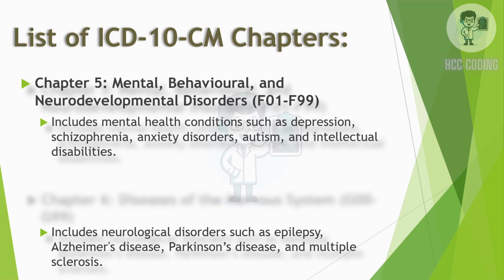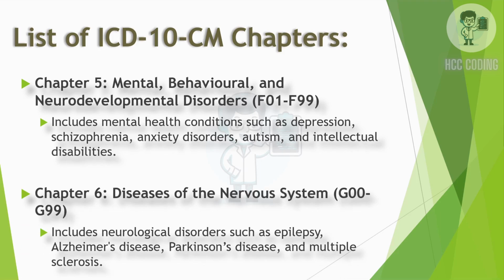All these mental behaviors or intellectual disabilities are covered under chapter 5. And coming to chapter 6, Diseases of the Nervous System, with codes G00 to G99. All neurological disorders come under chapter 6, like epilepsy, seizures, Alzheimer's disease, Parkinson's disease, and multiple sclerosis.